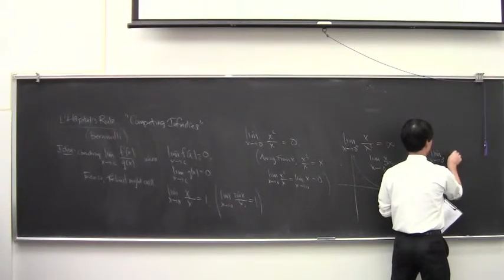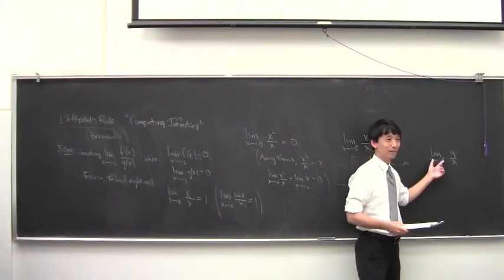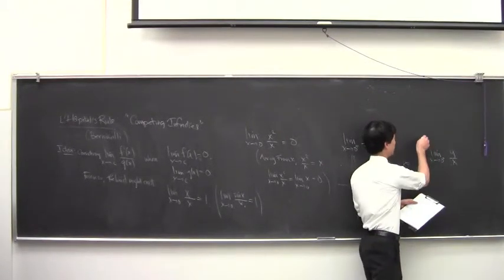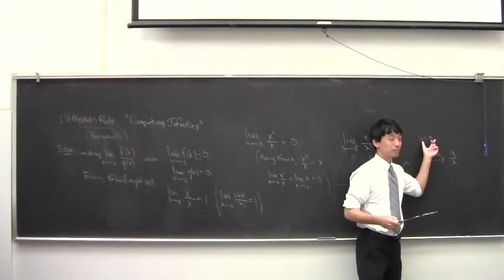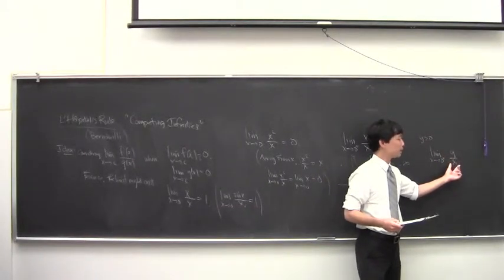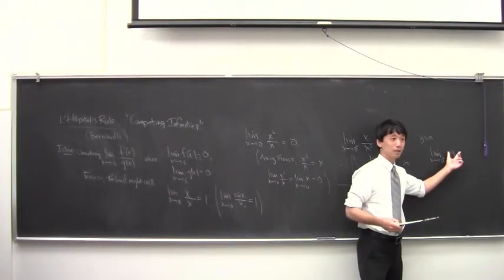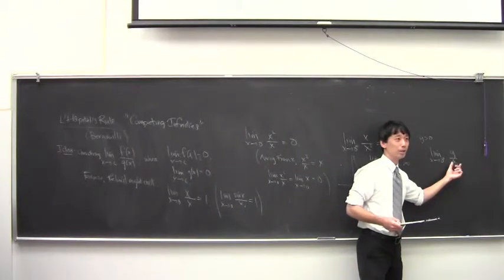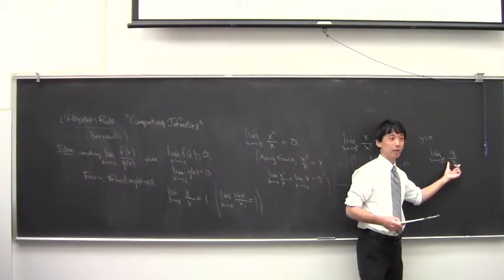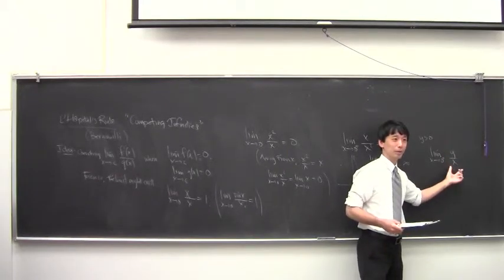I have two numbers, x and y, and y is bigger than 0. If the x goes to 0 first, then this thing heads off towards infinity, because you're dividing by something smaller and smaller. But if I let the top go to 0 first, then this thing goes to 0.